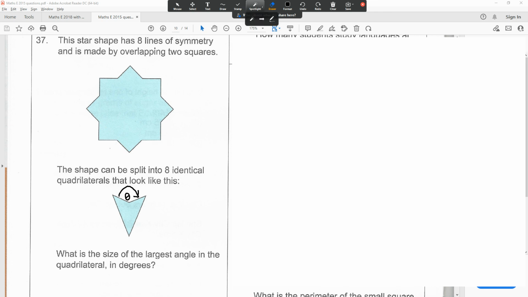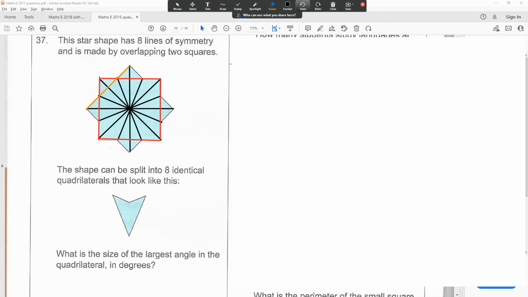If I put that back in there, can you see that shape anyway? 8 identical quadrilaterals that look like that. What is the size of the largest angle in the quadrilateral in degrees?